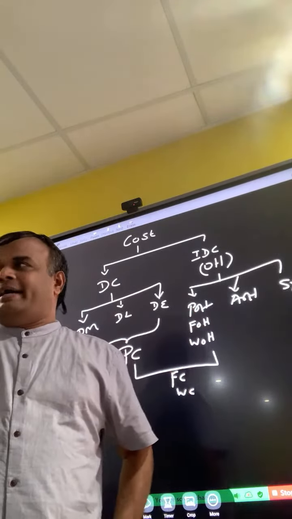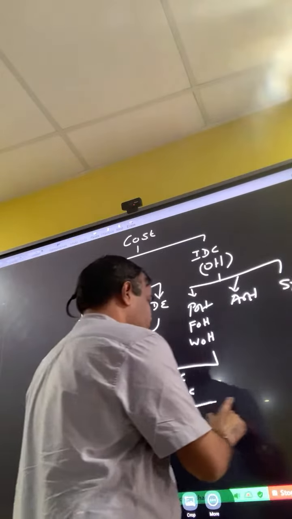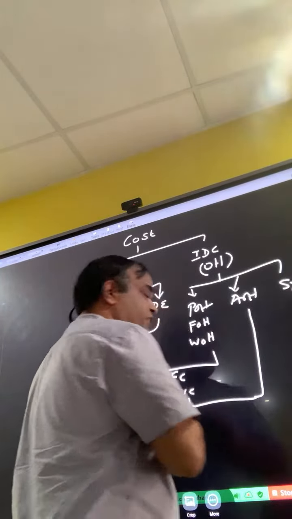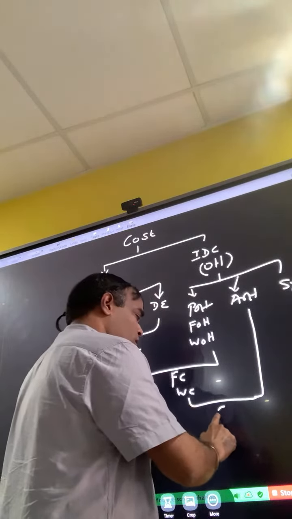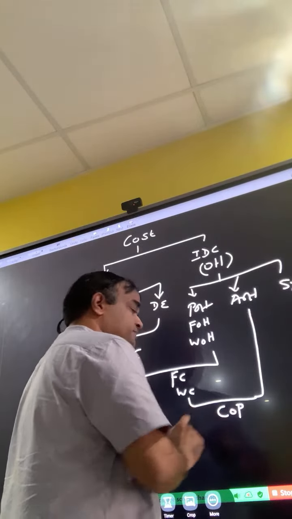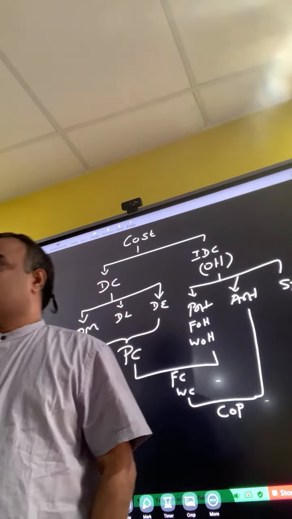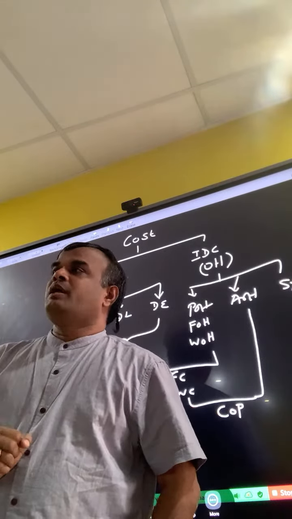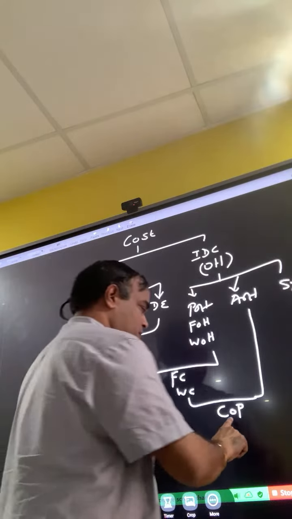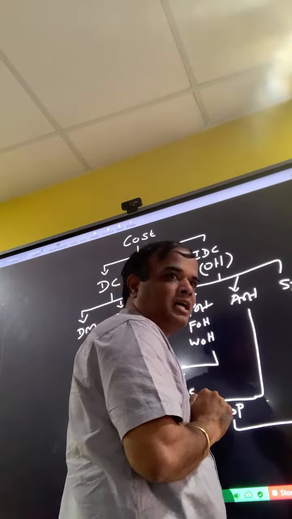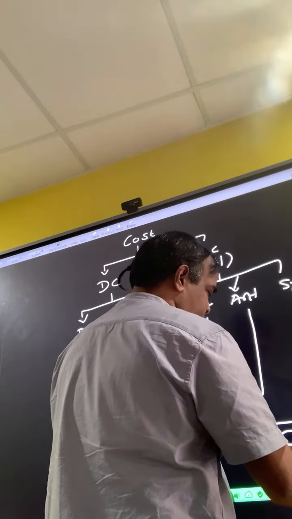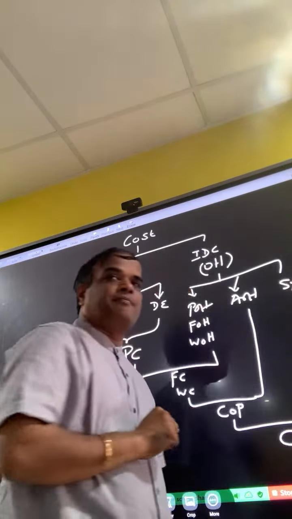If I add factory cost with administrative overhead, then it is called cost of production. If I add cost of production with the selling and distribution overhead, then it is called cost of sales.